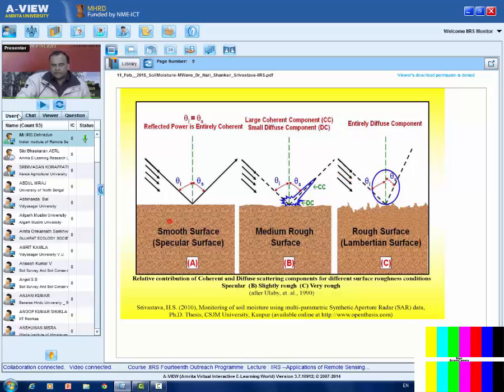So a very smooth surface gives very low backscatter, a medium rough surface gives medium backscatter, and a very rough surface gives very high backscatter. I told you earlier that high soil moisture also produces high backscatter, but at the same time high surface roughness also produces very high backscatter. So if we do not address surface roughness, it will be difficult for a user to decide whether this high backscatter is due to high soil moisture or high surface roughness.